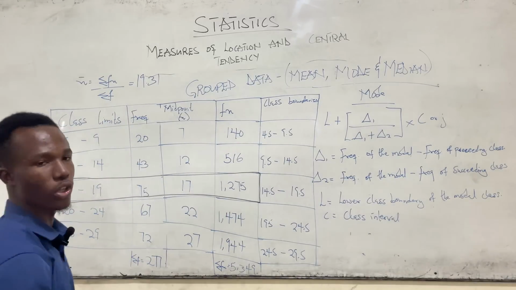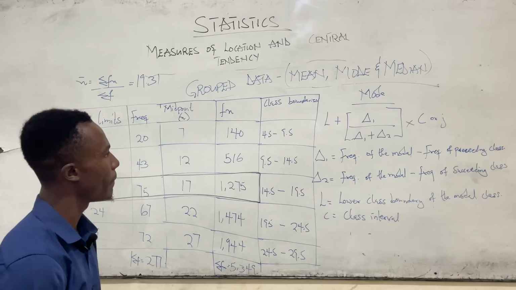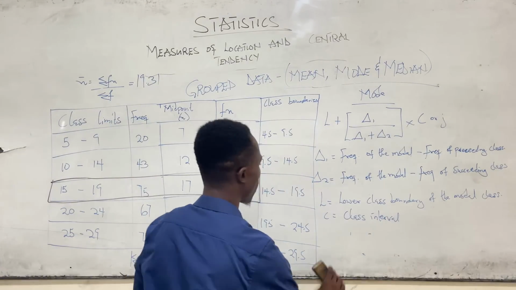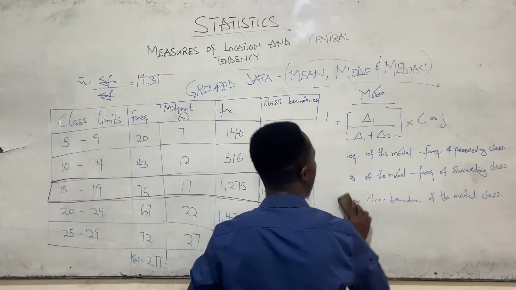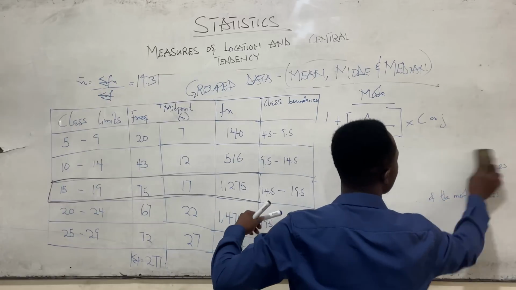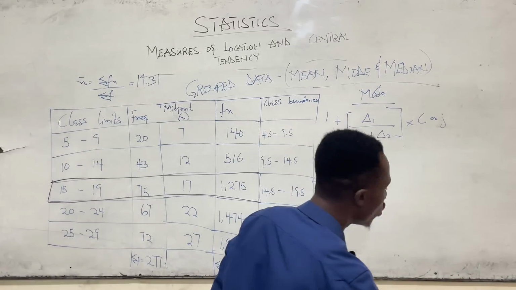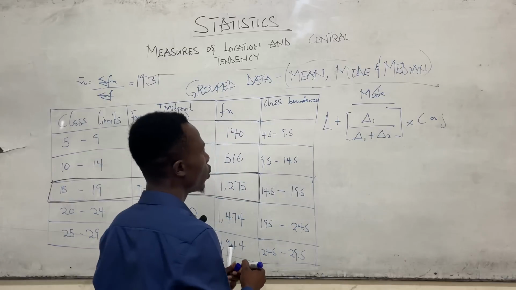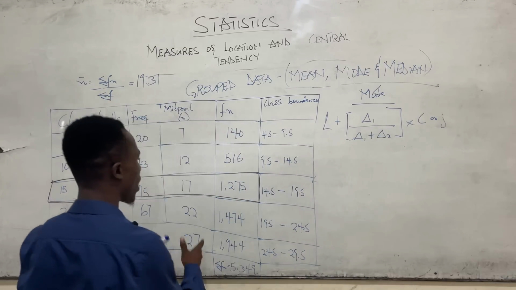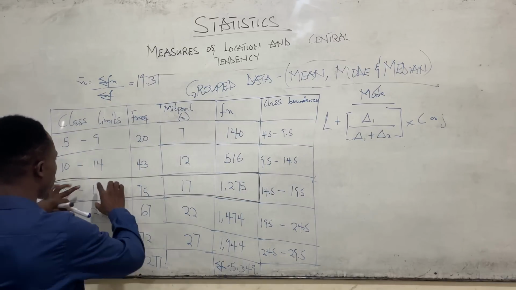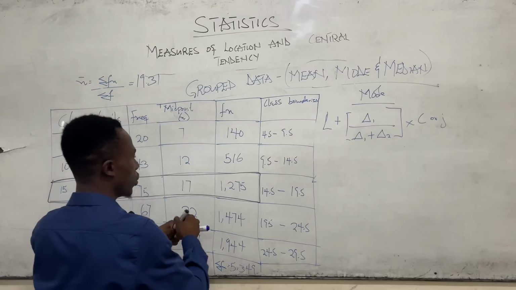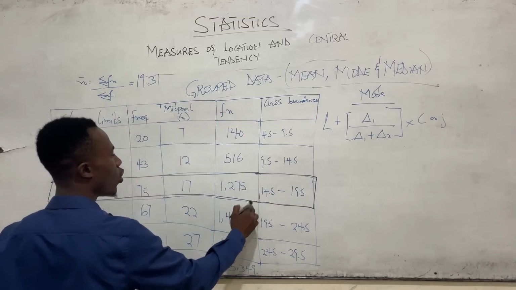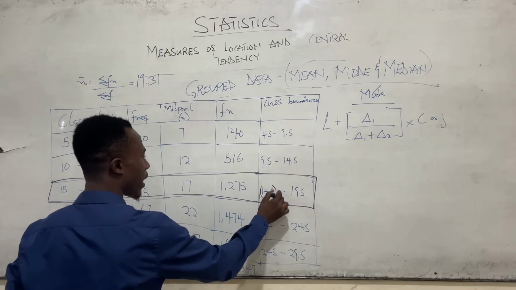So now can we move on to our mode, since we have all the parameters? Okay, so now let me clean the explanation so that we look at the formula and solve the question. So the L is the lower class boundary of the modal class. We know this is our modal class, right? The lower class boundary is this one, right?